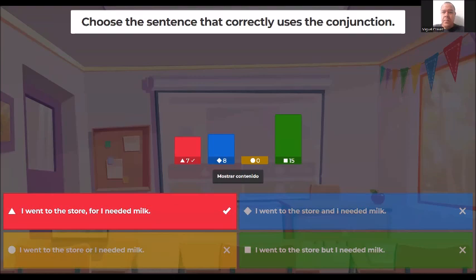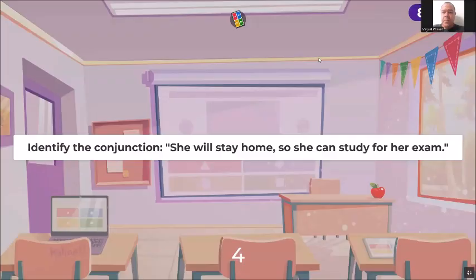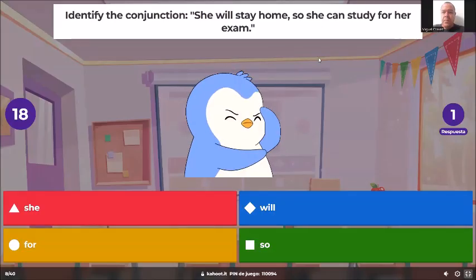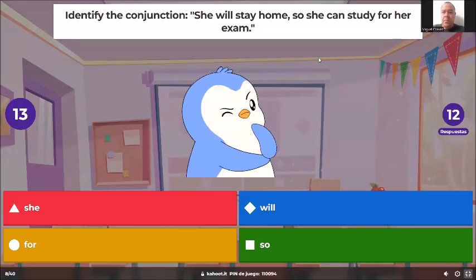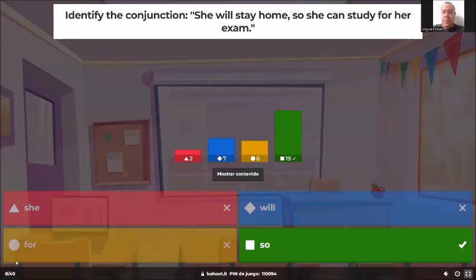For is a synonym of because. That's right.